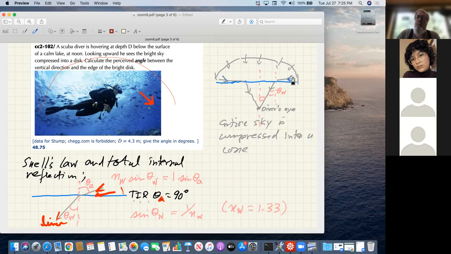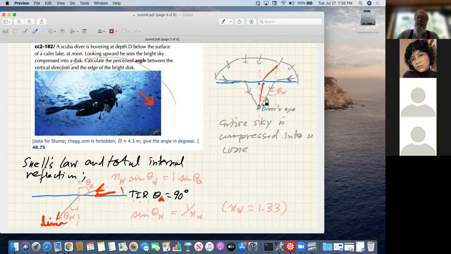But where it hits the surface, it's bent down, towards the normal, because of refraction. Because of Snell's law, light coming in from the horizon will be bent down to an angle of theta W.